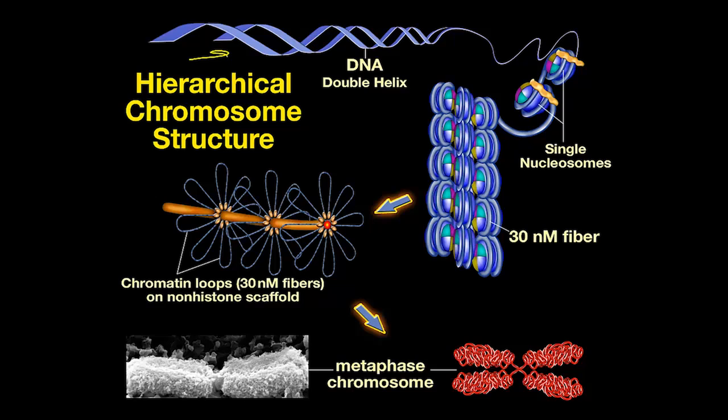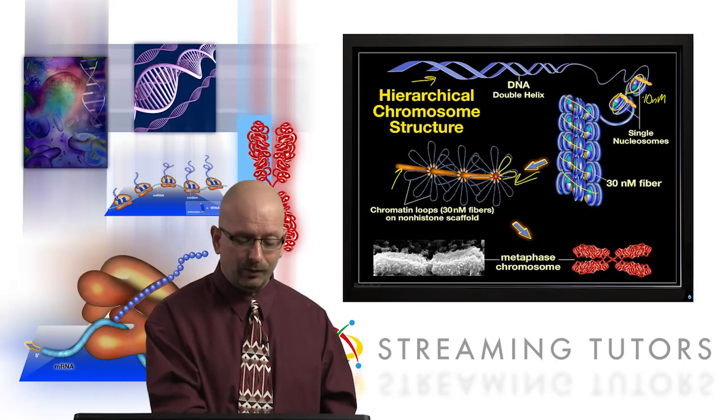So you can see just the DNA double helix, right, being wrapped around histones to create the 10 nanometer fiber, then that being wrapped into a helical configuration to make the 30 nanometer fiber, and then each of these 30 nanometer fibers independently linked to the non-histone scaffold, supercoiled most likely, and lots of them being put along this other non-histone protein scaffolding. So they say chromatin loops here.